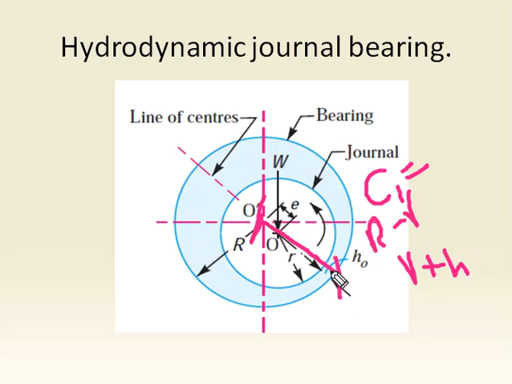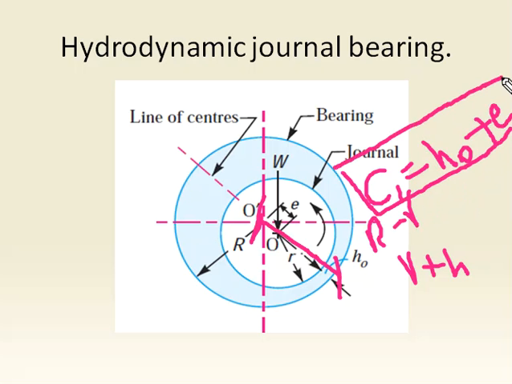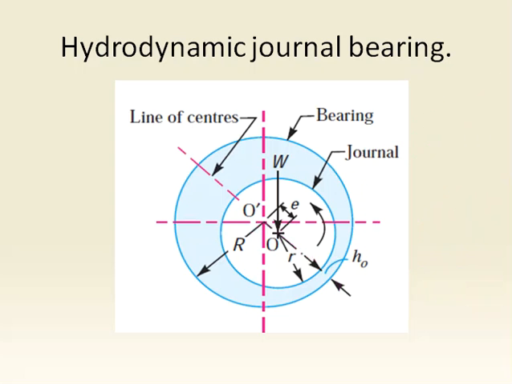We have some space, and that space is h naught, plus we have the eccentricity, the distance between the two centers, which is e. So C1 equals h naught plus e. This is the condition you need to understand to maintain perfect clearance. From this you can say e is equal to C1 minus h naught. That is the eccentricity value you have to remember.